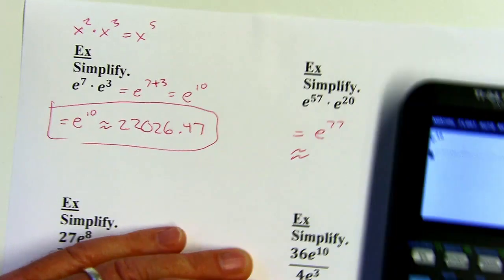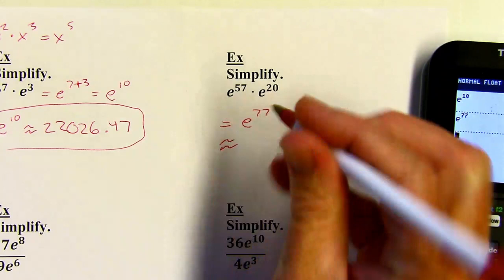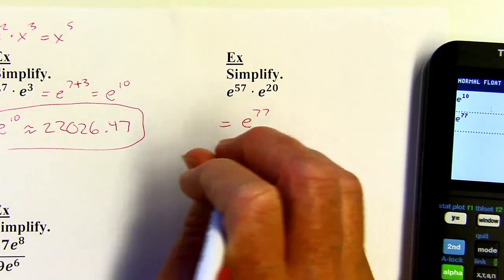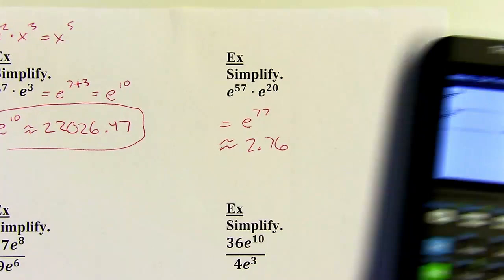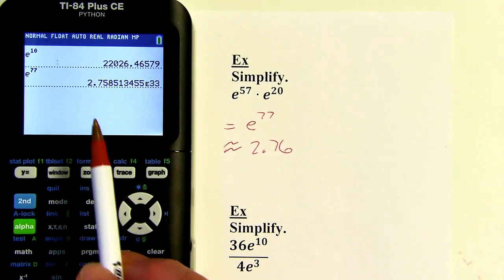And then we can put that in a calculator again. e to the 77th is going to be 2.76 roughly. Oh, it's not 2.76. I had myself confused. I was like, why is that so low?